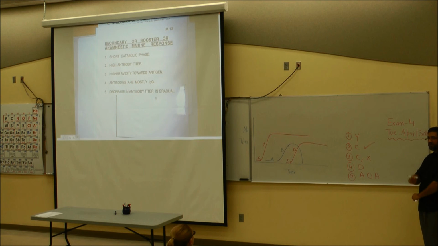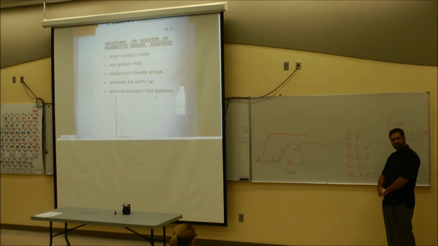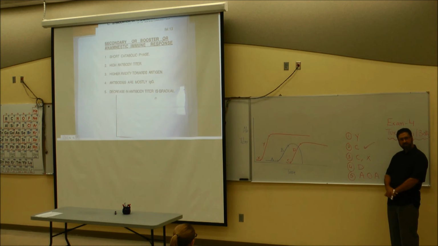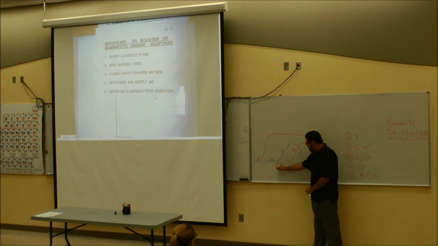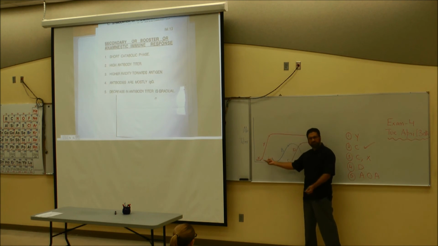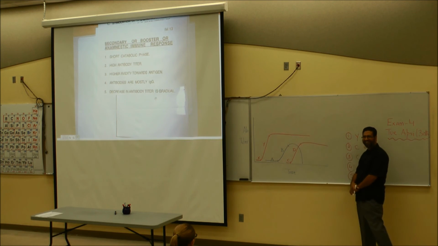I said start off. You said C, but when secondary antibody is present, the attack is so immediate, in a matter of seconds. But at C, it looks like there is no response, it's close to zero. It could start right as soon as you have memory cells. It can start right after, but it cannot be before.